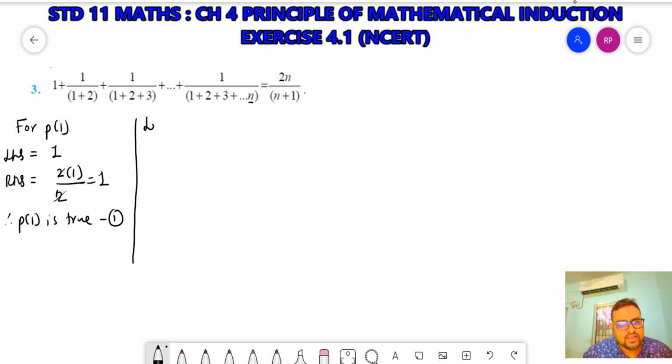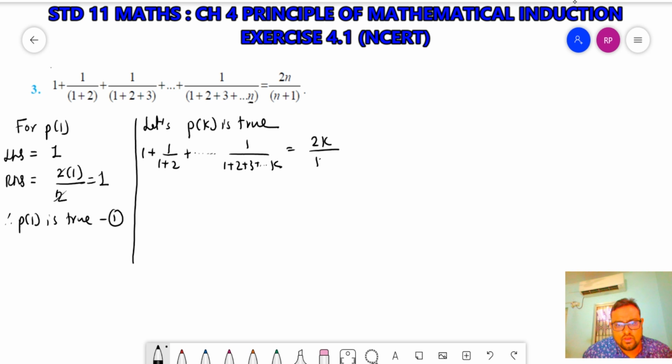Okay. Now, second step, let's assume P of k is true. What will this imply? 1 plus 1 upon 1 plus 2 plus 1 upon 1 plus 2 plus 3 plus up to k will be equal to 2k upon k plus 1. Okay, let's name this as 2.